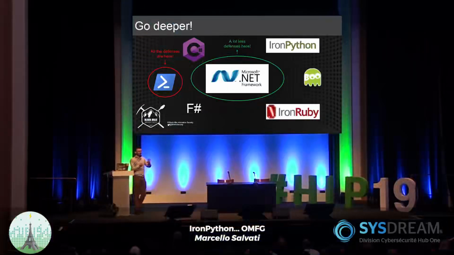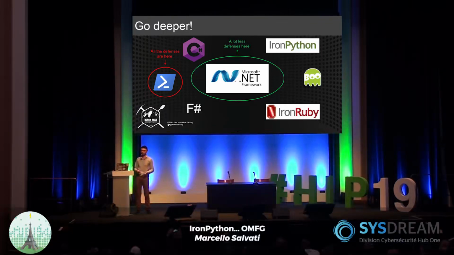This is where things start getting tied together. Because any language based on the .NET framework can interpret and execute a .NET assembly, all of these languages are completely interoperable with each other.